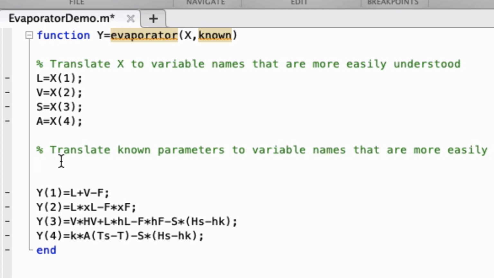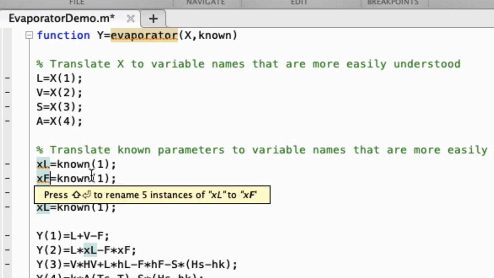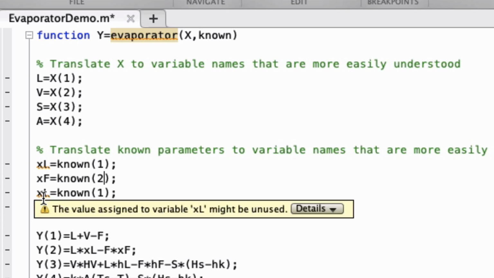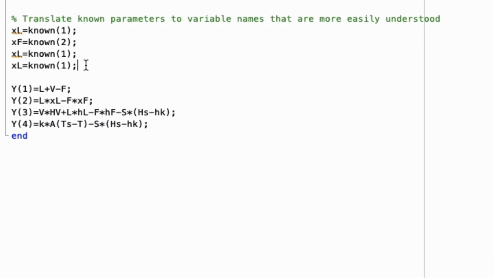So let's say, for example, that XL is the first position in known, and XF is the second. Perhaps we need more. We will see.